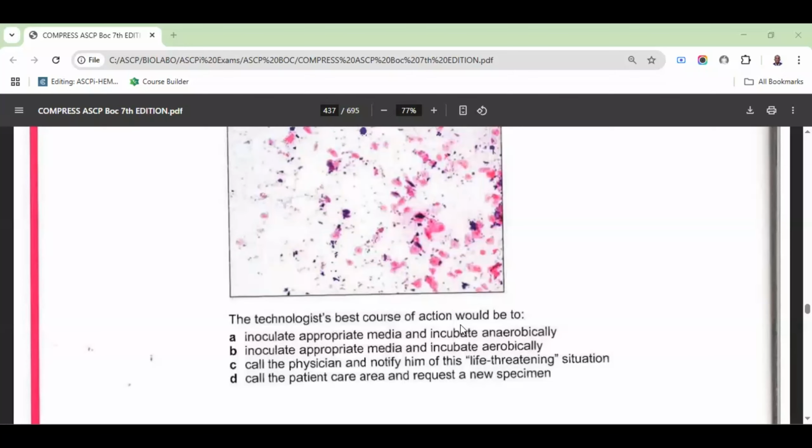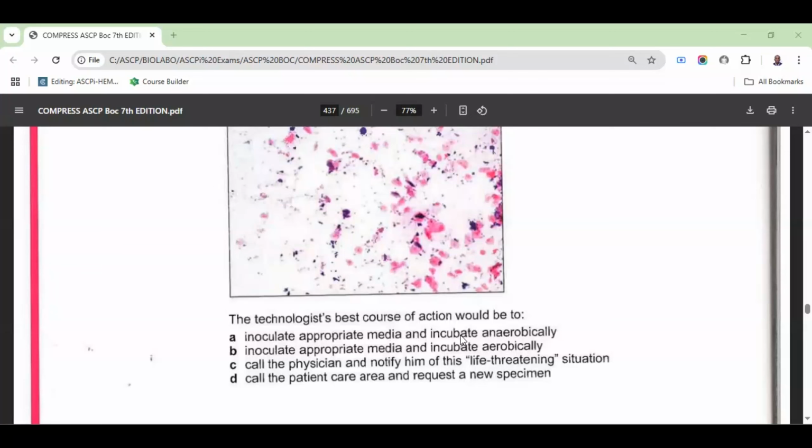Okay. Do we agree for the rest of us? Yes, we do agree. It is true. When you focus properly, you can see this is just squamous epithelial cells, with very small pink nuclei, and even the cytoplasm is pale pink.